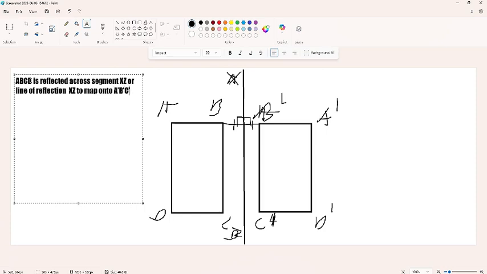Because reflections are rigid motions, ABCD is congruent to A prime, B prime, C prime, D prime. And that's how you can do it off the coordinate grid.